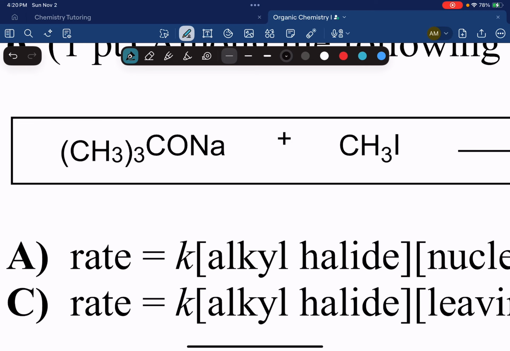And where is our alkyl halide? Yes, this is our alkyl halide. How'd you know that? Because you saw a halide. You saw iodine. Good job.